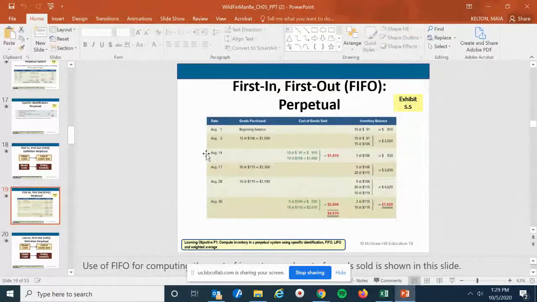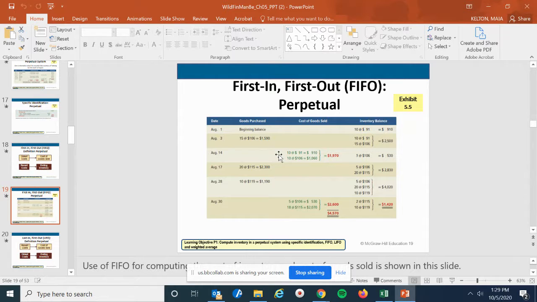On August 14th, where my cursor is, right here, the company sold 20 units of product. So now is when first in, first out becomes relevant. Now the question becomes, if the company sold 20 units of product, which ones are they?